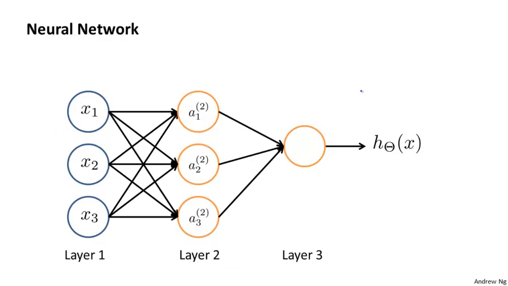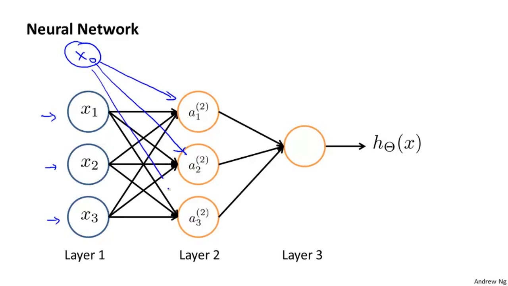A neural network is just a group of these different neurons strung together. Concretely, here we have input units x1, x2, x3, and once again, sometimes we can draw this extra node x0 and sometimes not, so just draw that in here. And here we have three neurons, which I've written A21, A22, A23.